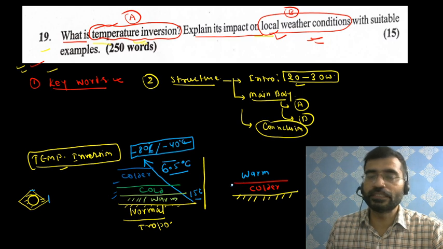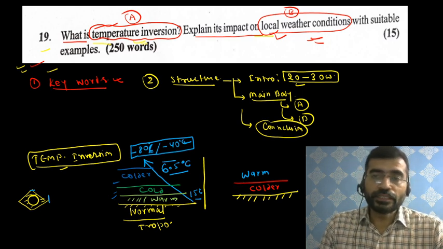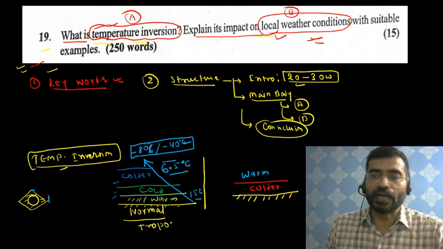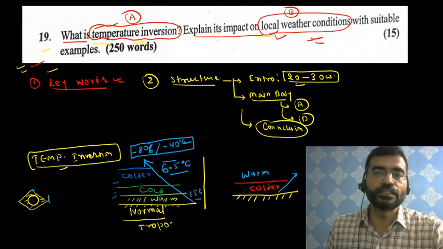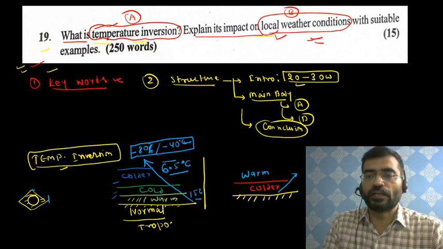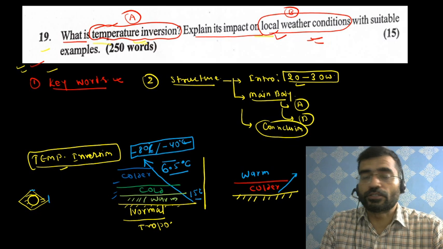So there is a decline in temperature with increasing height; temperature starts reducing with increasing height. Such a phenomenon is quite the reverse, quite inverse to the prevailing phenomena of the troposphere.